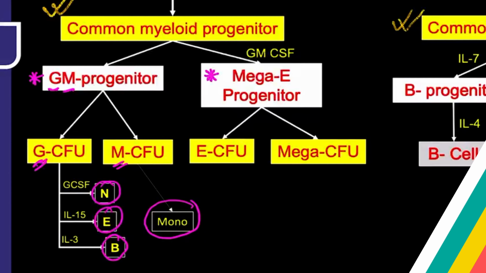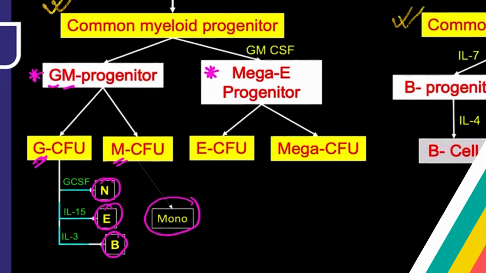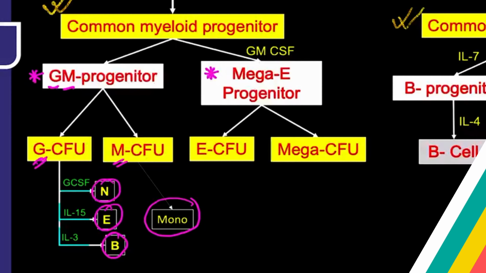Now in this picture, try to remember the cytokines I have written here. For proper development of the neutrophil series, you require GCSF. For the eosinophil series, you require interleukin 15, and for the basophil series, you require interleukin 3.